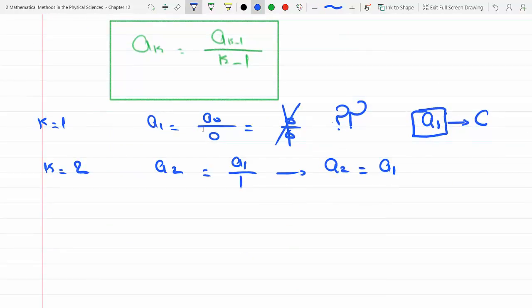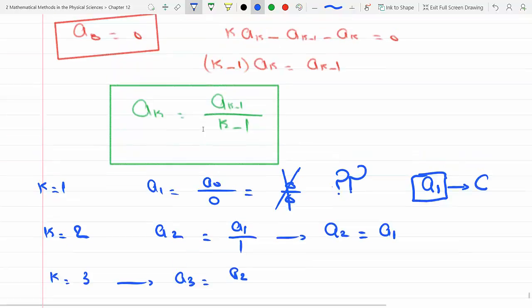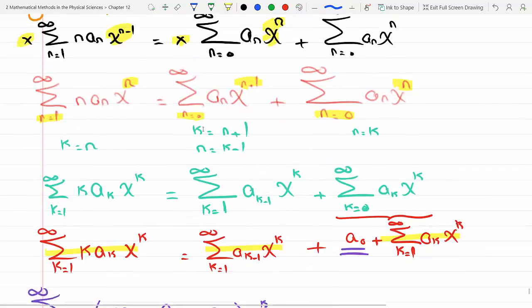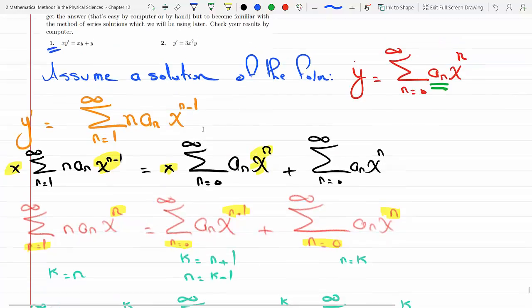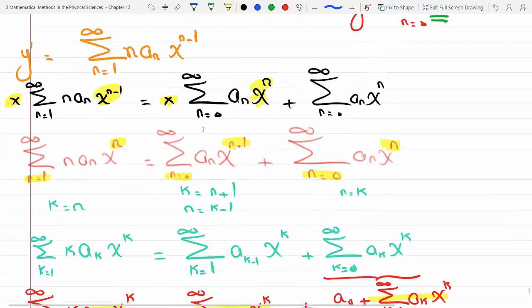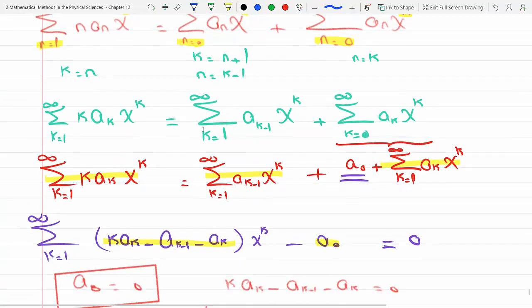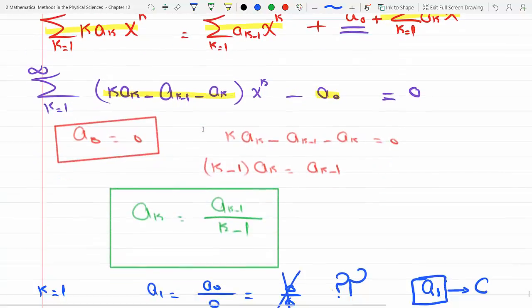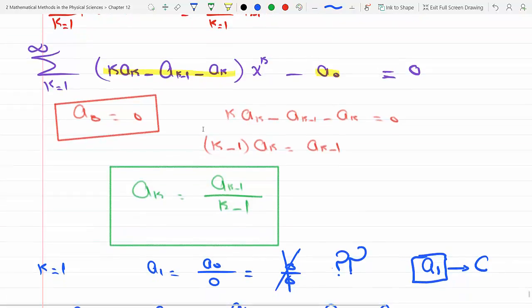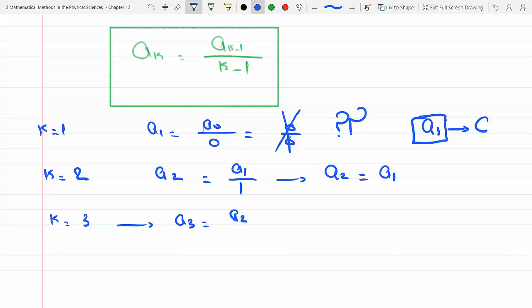Then we could go to the next one. So k equals 3, and plug it in the recursion formula. a3 is equal to a2. Hold on one second, I have a feeling something is off. Yeah, so if k is 3, a2 over 2.